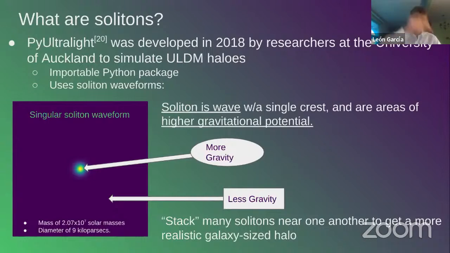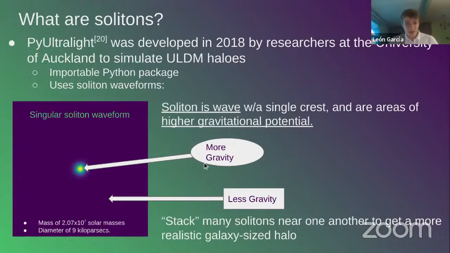It's a wave that has one peak, and it represents an area where there's more gravity. So these tiny little particles, these axion-like scalar bosons, cluster together on a galactic scale to form areas that have enough gravitational potential to move galaxies. So these tiny little things are having such a large effect when you put a ton of them together.